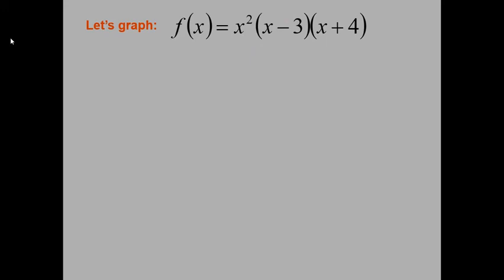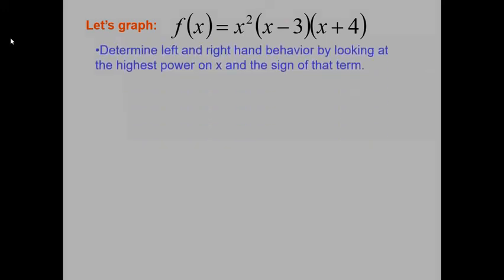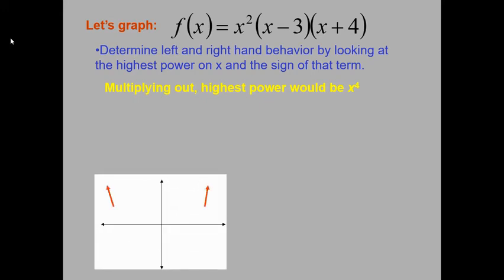So let's graph f(x) = x²(x − 3)(x + 4). Determine left and right-hand behavior by looking at the highest power of x and the sign of that term. Multiplying out, the highest power would be x to the fourth. So that means both ends will be going up.